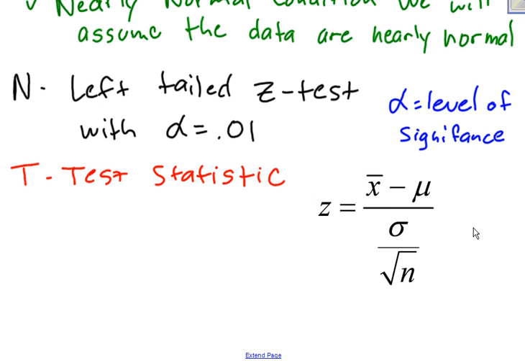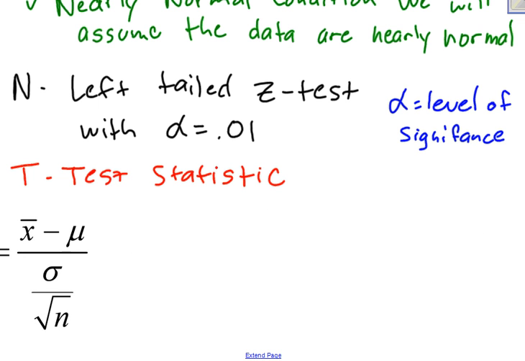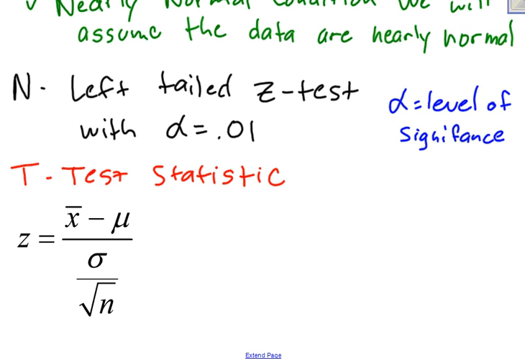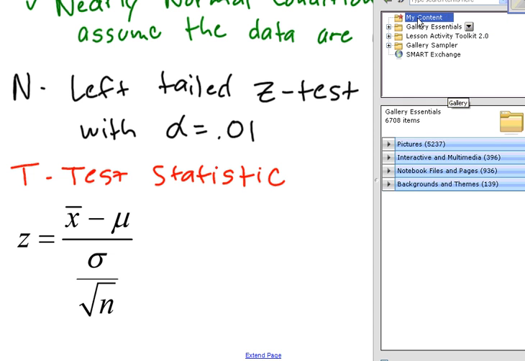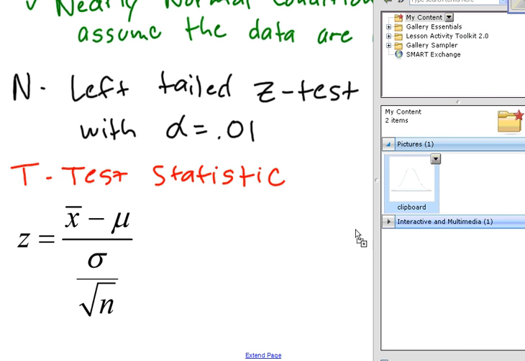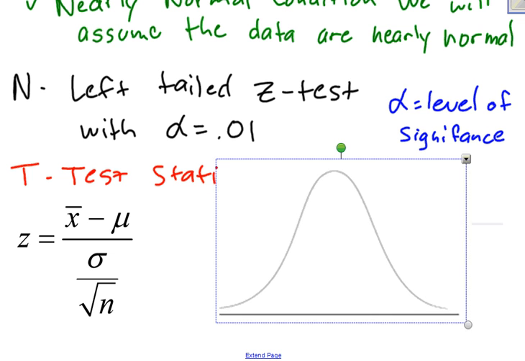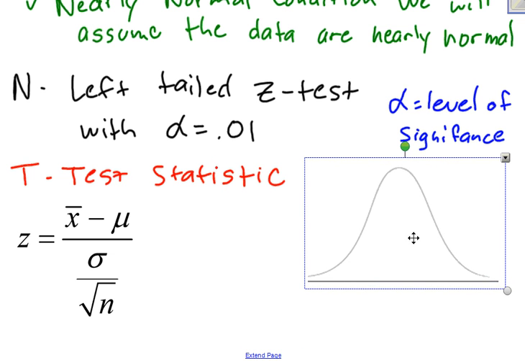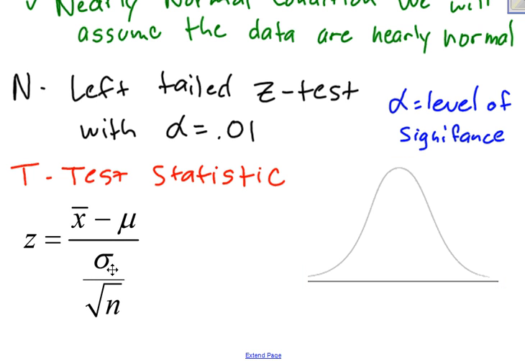Basically what we're going to do is we are going to use a normal model. So a normal model will be a bell-shaped curve like this one. Make this a little bit smaller. I'm going to use a bell-shaped curve, and I am going to use the data that I've collected and the basic statistics to find a test statistic.